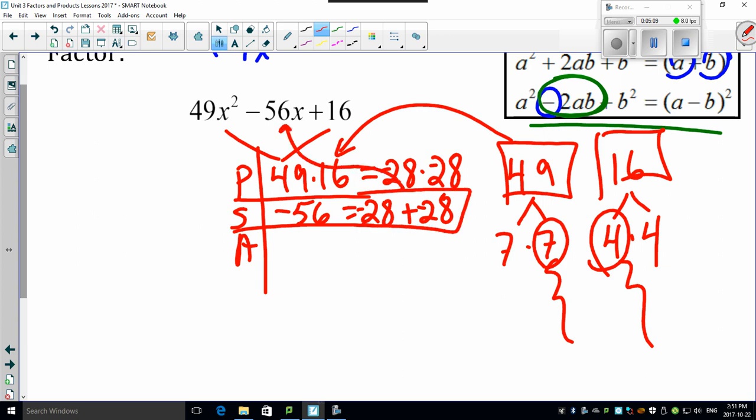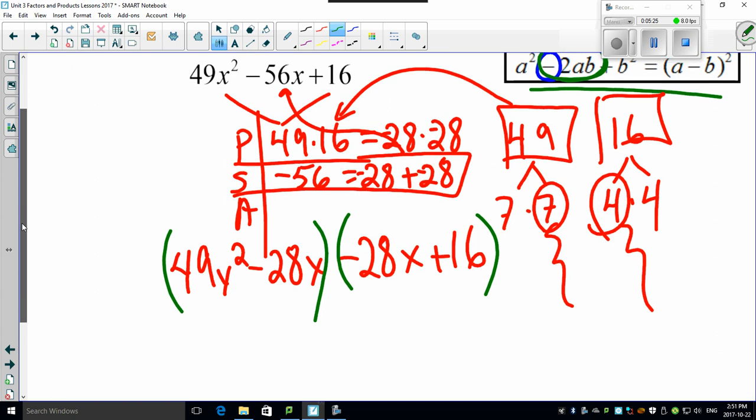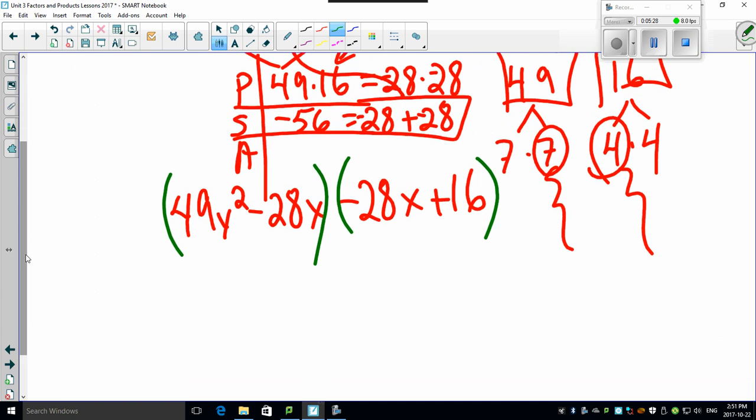Now all I have to do is decompose. So there's 49x squared minus 28x minus 28x plus 16. Group factor like I've always done. I know I can take a 7x out of here, leaving me with 7x minus 4.